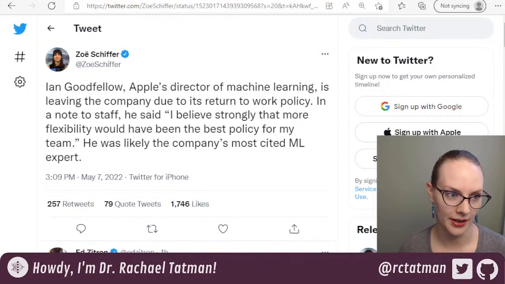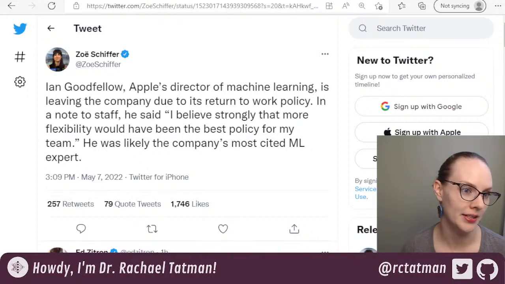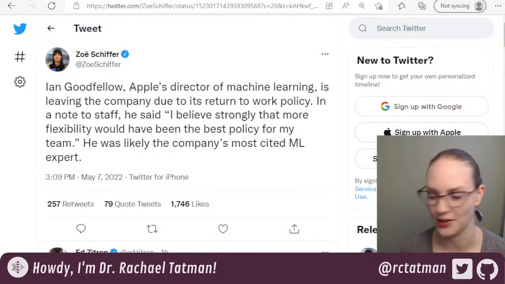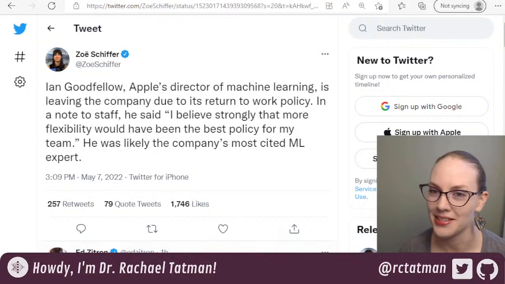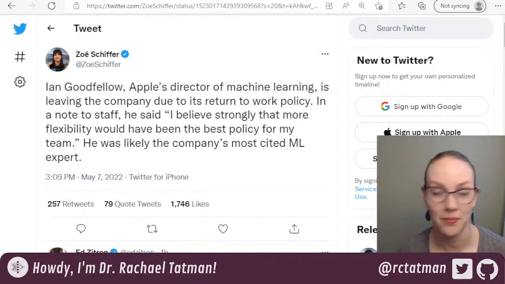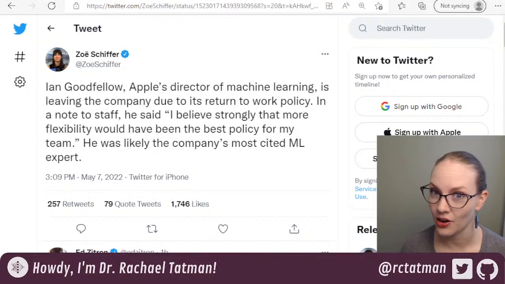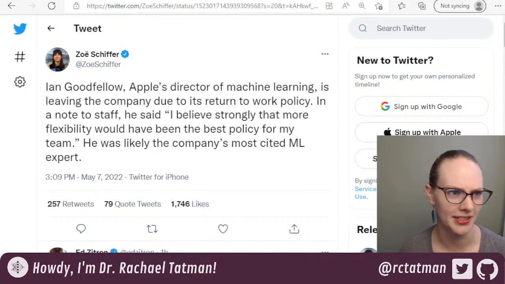So probably due to not being able to work from home. And if that is in fact their policy, then I imagine that Apple's probably going to lose other researchers as well, because they could go other places and get that. Anyway, I don't know that this news is 100% confirmed, but there you go. So that's the second high profile researcher moving in the last 2 weeks. So lots of jumping around, which is not surprising. It's a very hot job market.